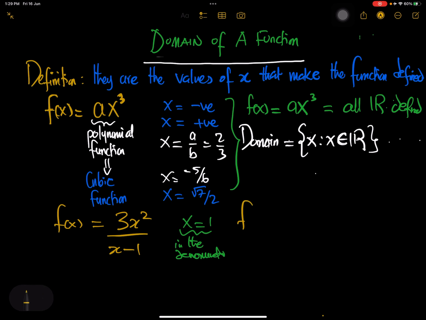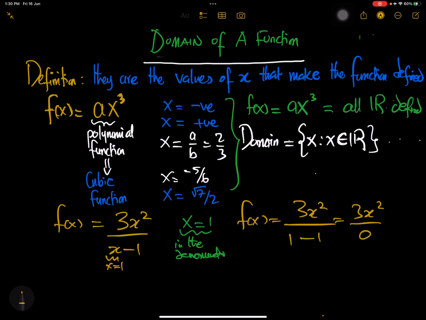Our function becomes f of x equal to 3x squared divided by 1 minus 1, which is 0. And this denominator being equal to 0 makes it undefined.